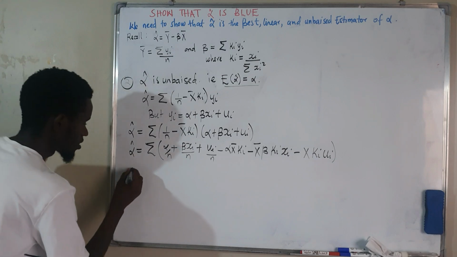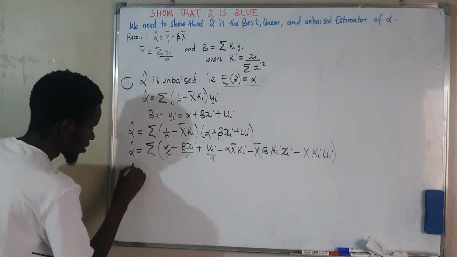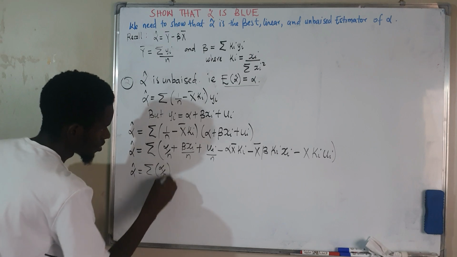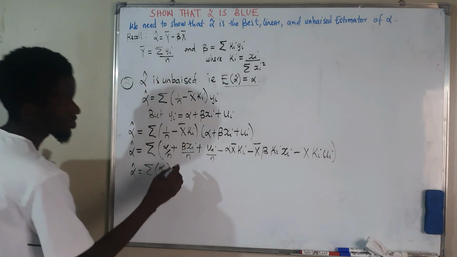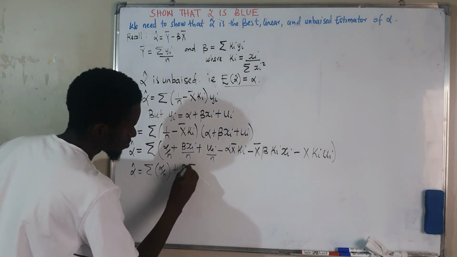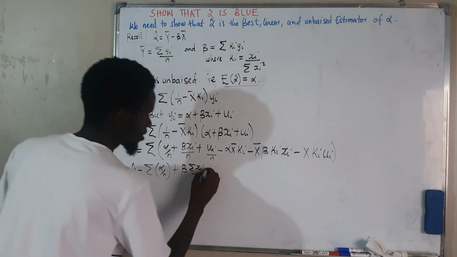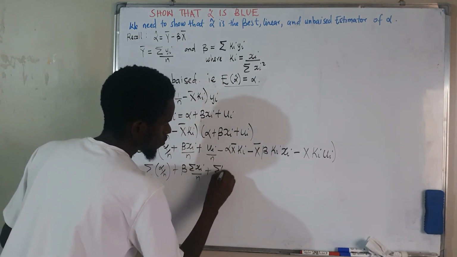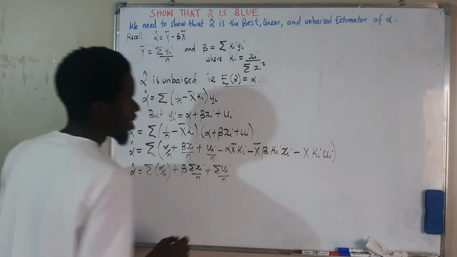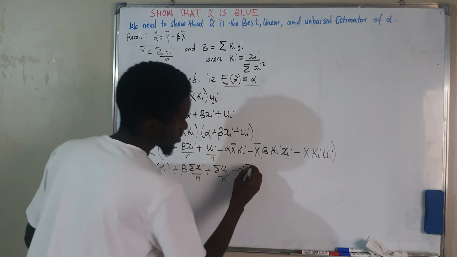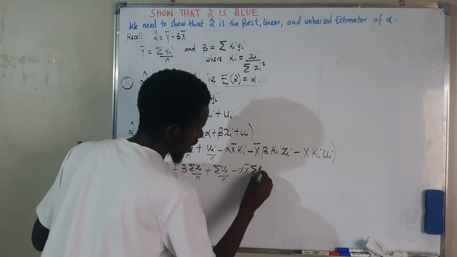Now from there, I'm going to apply this summation to everything inside here. I'll have alpha hat equal to summation of alpha over n, plus, this beta is constant, so I have beta outside, summation of x_i over n, plus summation of u_i over n, then minus alpha x bar, constants, then summation of k_i.